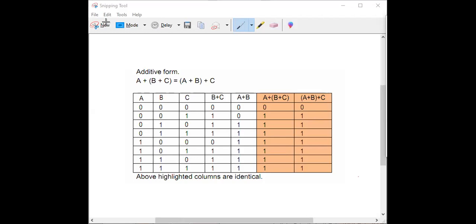So this is called the distributive law. I will share that. Okay, this is the distributive law.